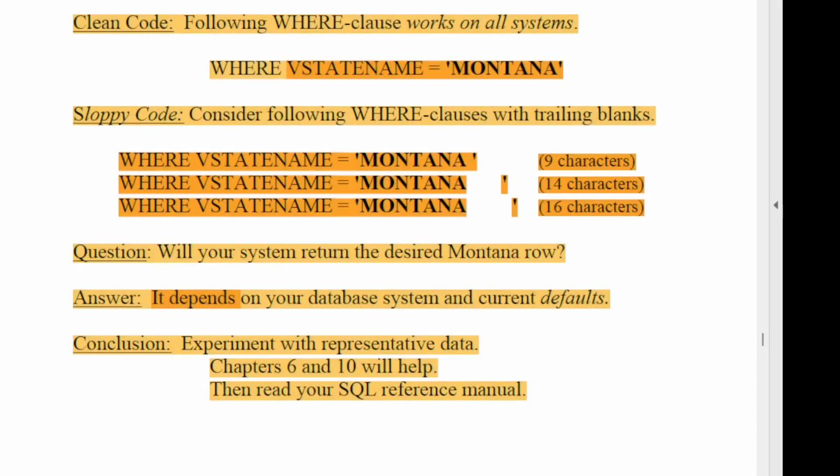Therefore, experiment. And you might find that you're going to get different results with the VARCHAR comparison versus the CHAR comparison. And as I said earlier, for that reason, some systems say, we're going to forget about this CHAR data type and just do everything as a VARCHAR data type.